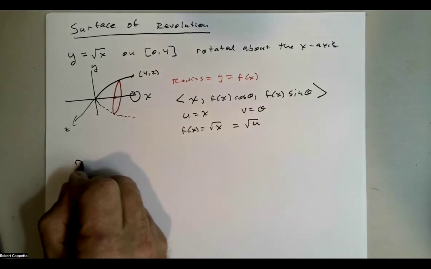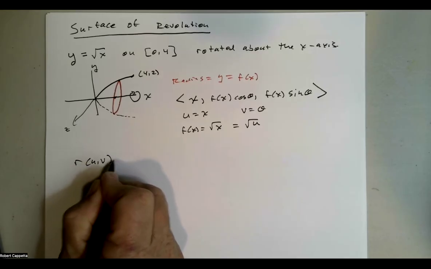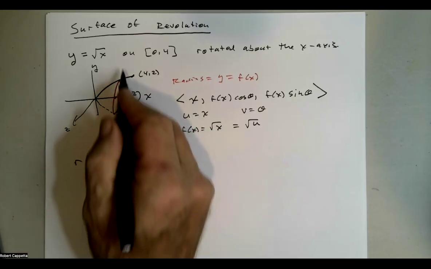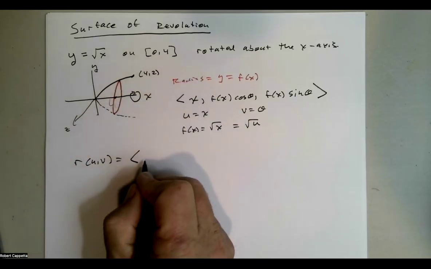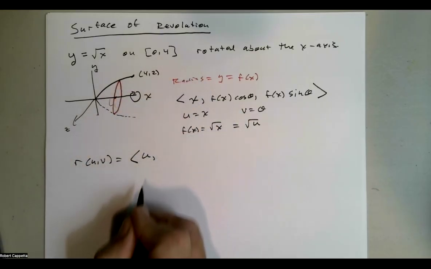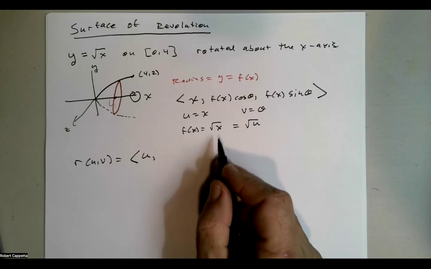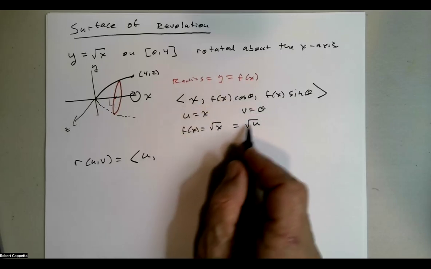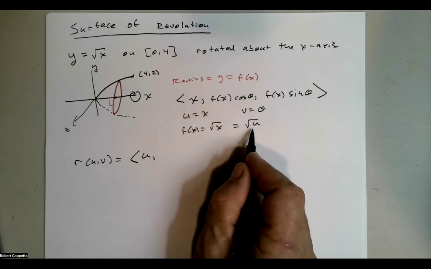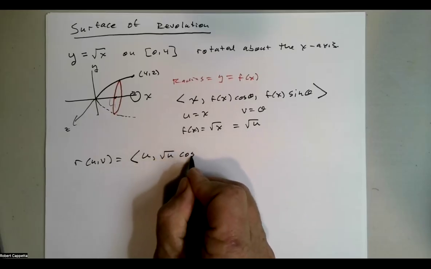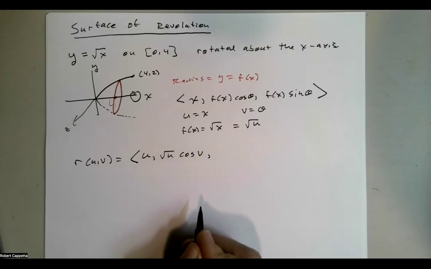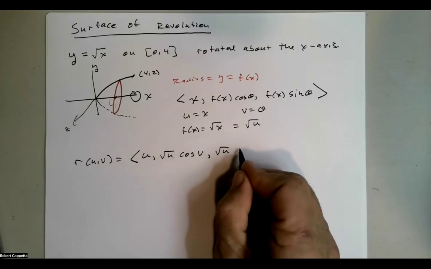So if I'm writing this as r of u comma v, wrapping around the x-axis, x is not changing on that red circle. So that's just going to be u. I have a circle in the yz plane with radius f of x, or if you like, square root of u cos v, and then square root of u sine v.